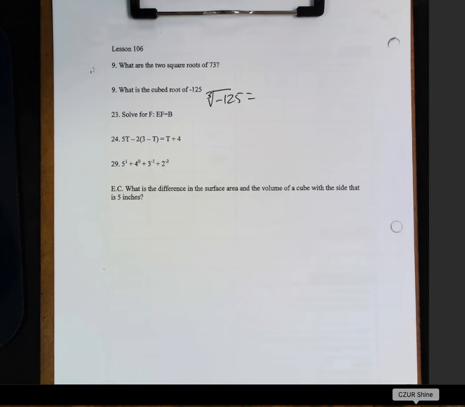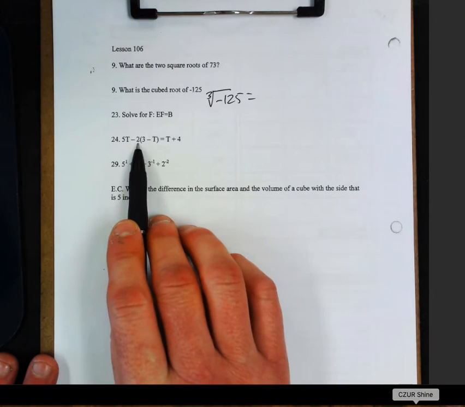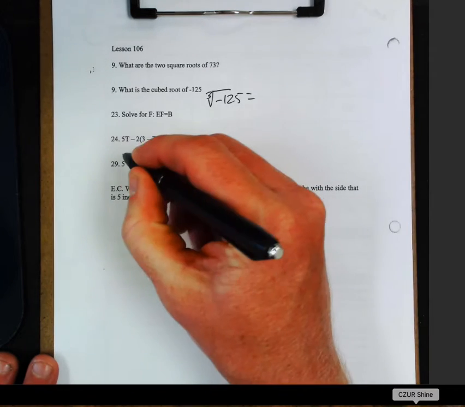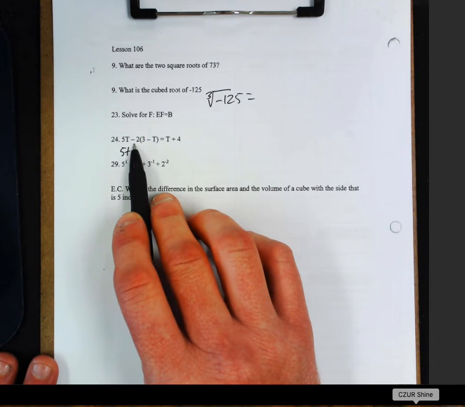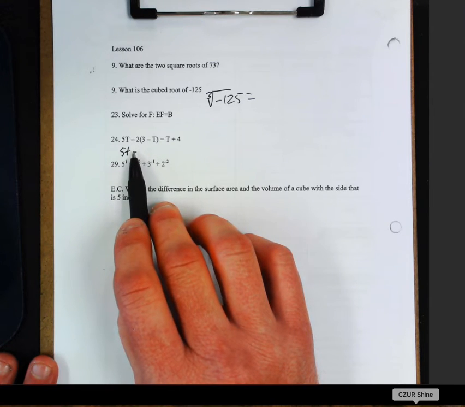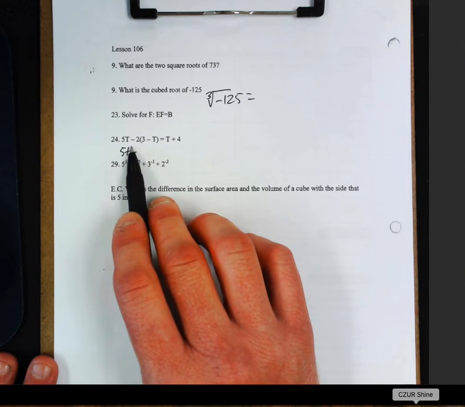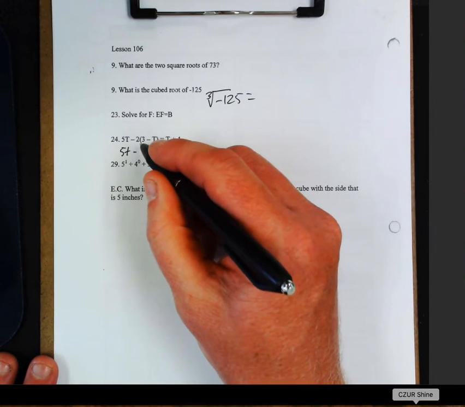Okay, number 24. This one is multiple steps. We did it yesterday, a problem like it. The first thing I need to do is distribute it. So I got the number 5 going with the letter T, minus. Remember, guys, we're not distributing a 2. We're distributing a negative 2. So negative 2 times 3 is what kind of 6?